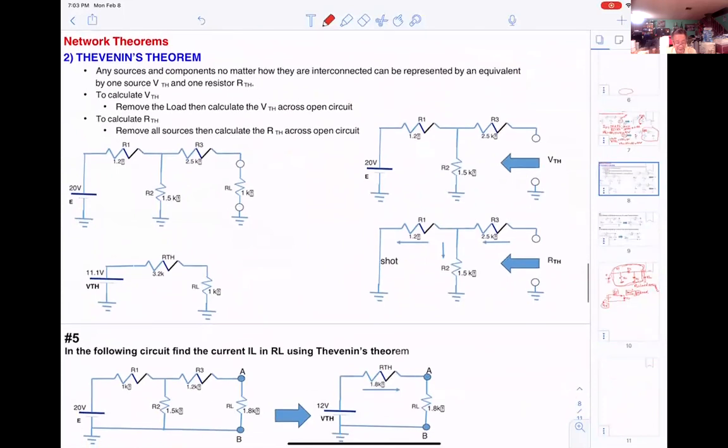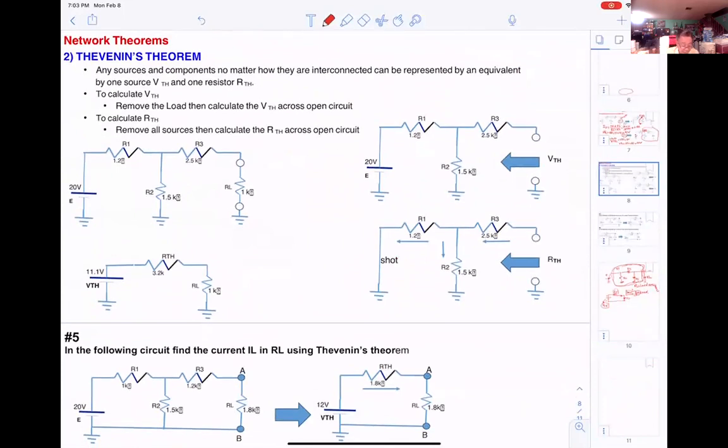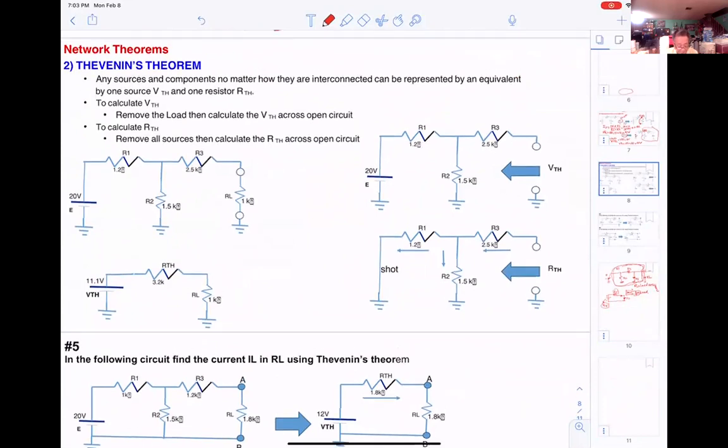Okay, Thevenin here. See what they said. Any source and components, no matter how they are interconnected, can be represented by an equivalent of one source we call V Thevenin, and only one resistor that will be R Thevenin.